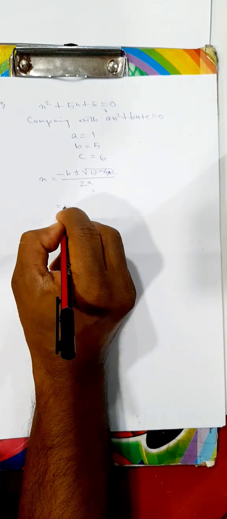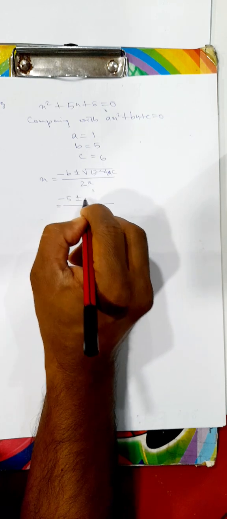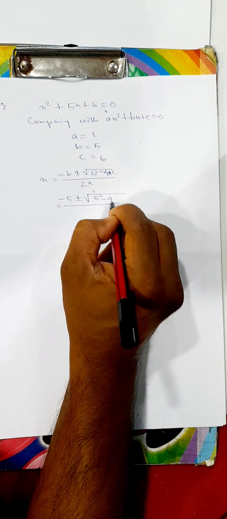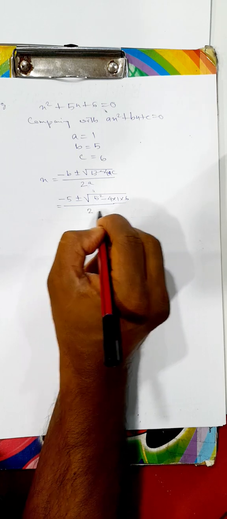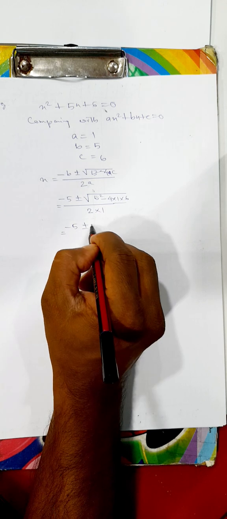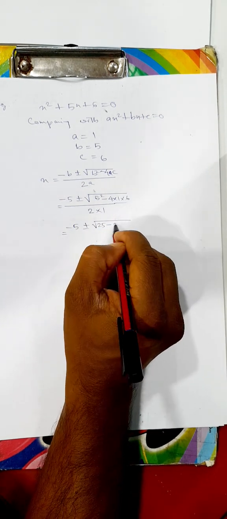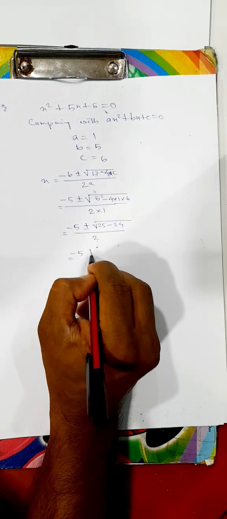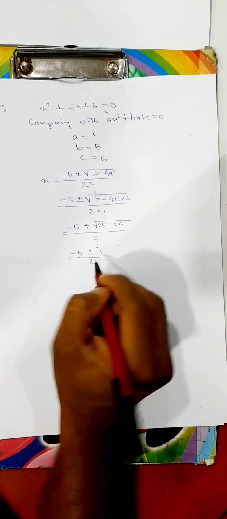So if you compare here, minus b means minus 5 plus minus b square means 5 square minus 4 into a means 1, c means 6 divided by twice of a, right? So minus 5 plus minus 5 square means 25, 4 into 1 into 6, 24, divided by 2, minus 5 plus minus square root of 1 means 1 divided by 2.